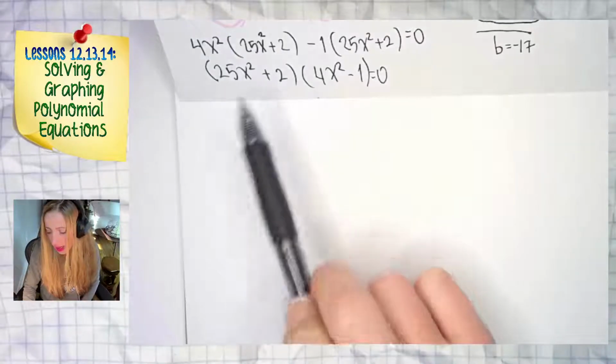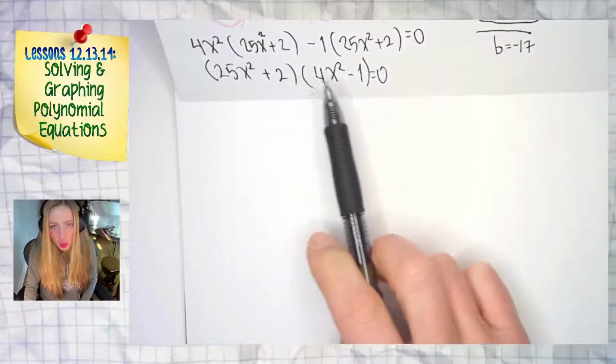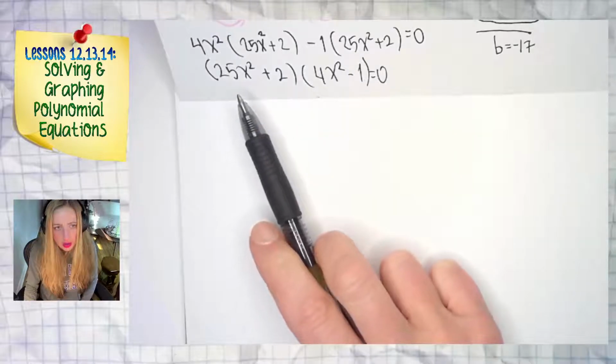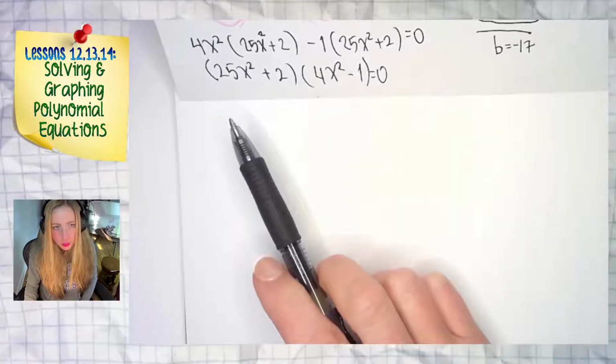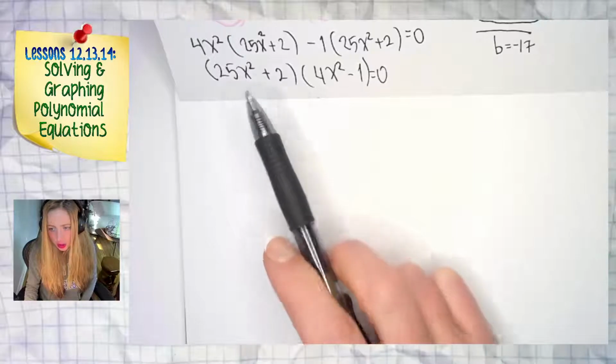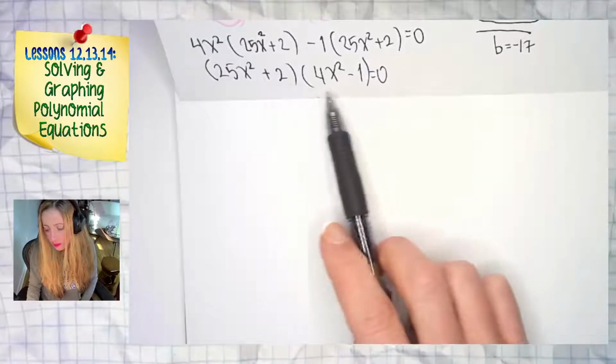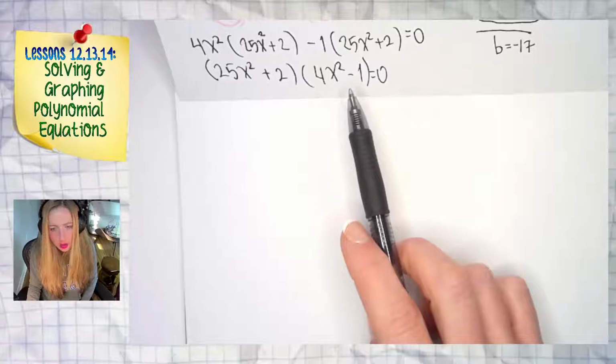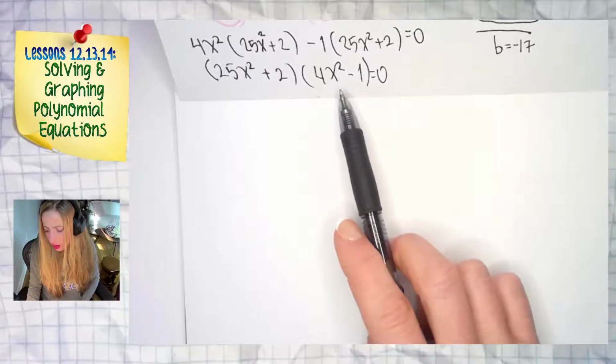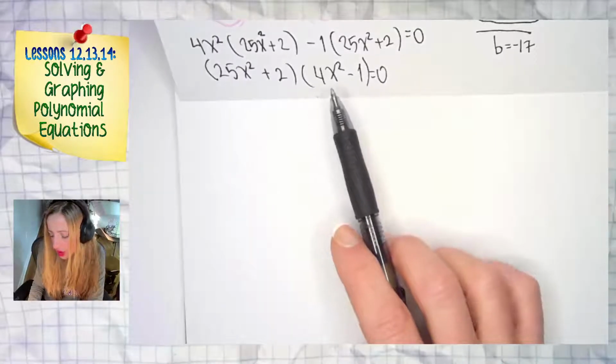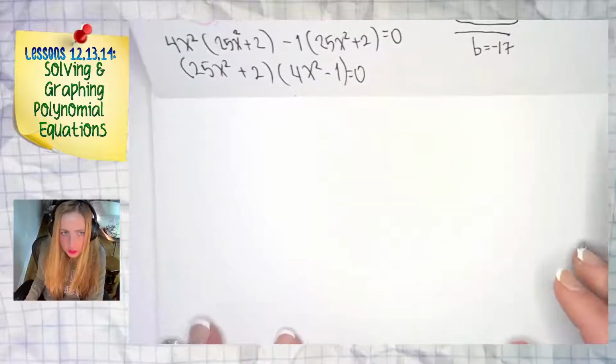So always ask yourself, can I factor more? Can you factor either or both of these factors further? Does this factor more or does this factor more? Okay. Which method are we going to try to use?